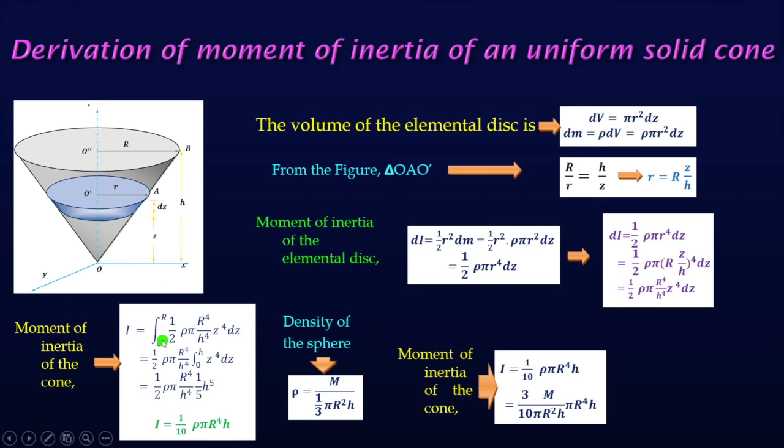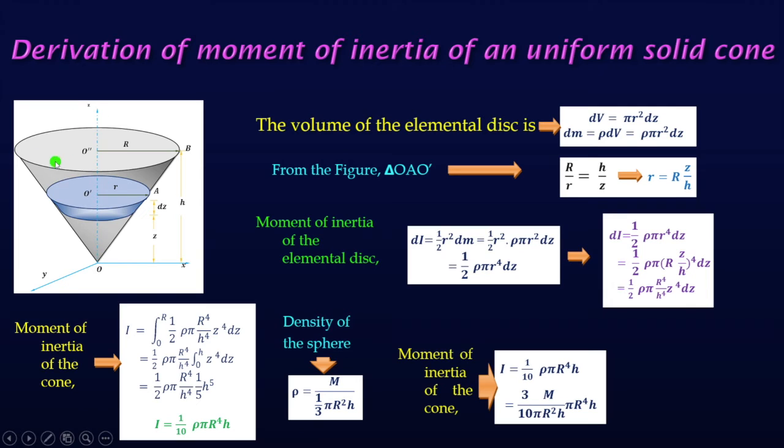So 0 to h. Here it is the value of r, but when r is substituted, the limit will be changed to 0 to h. r is varying from 0 to capital R. If the cylindrical section is here, then the radius is 0.